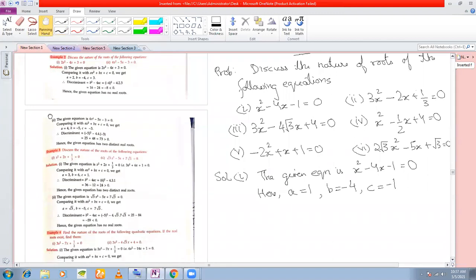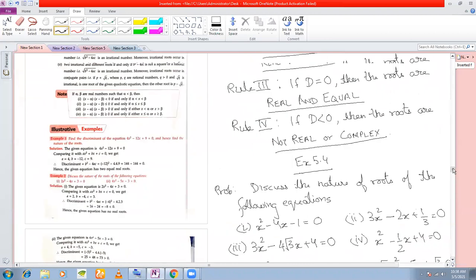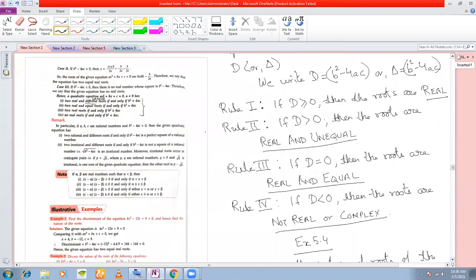Now we shall check the sign of the discriminant. So therefore, D equal to b square minus 4ac. Put the values. So this becomes 16 plus 4 equal to 20. So you see that D is greater than 0 clearly. So which rule is applicable here? If you see all the 4 rules, rule number 2 is applicable here.